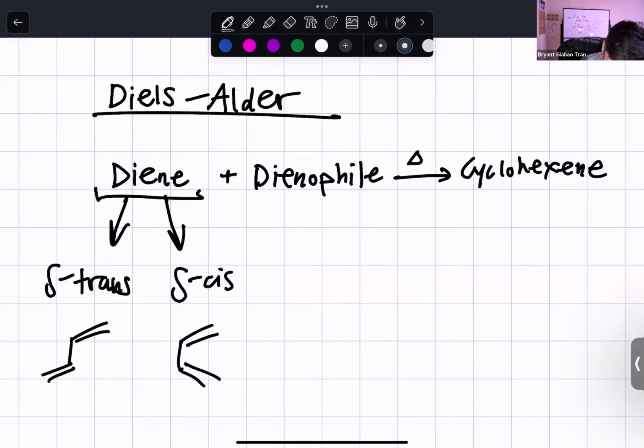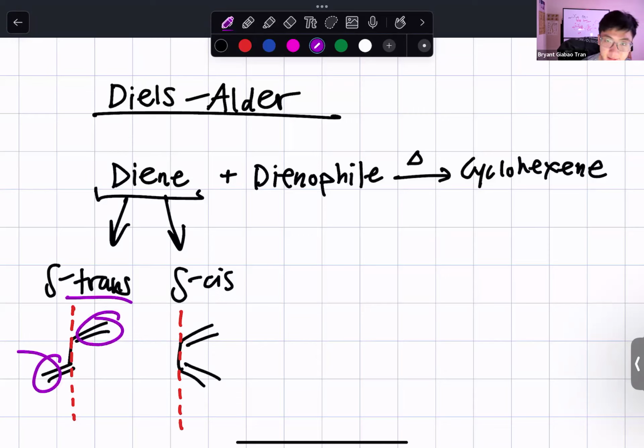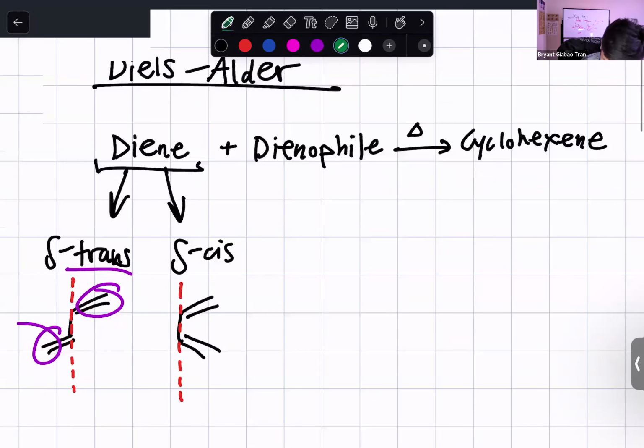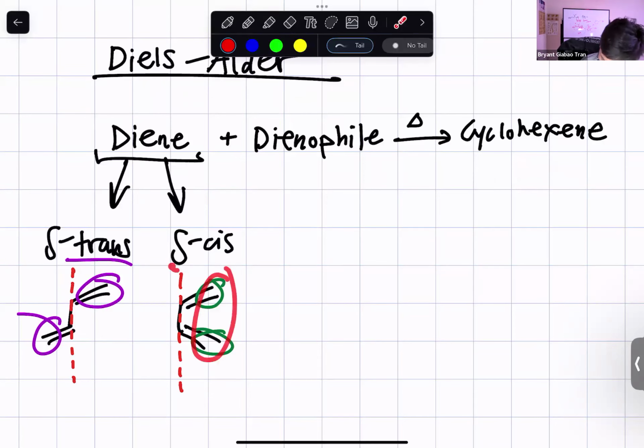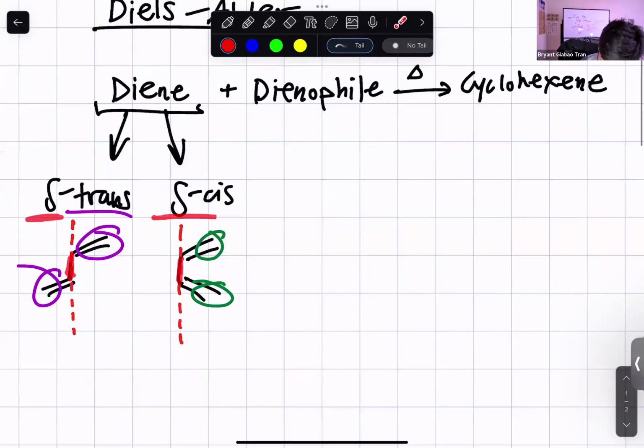What that means is that our line of reference is going to be down the sigma bond between the conjugated diene, between the two alkenes. These lines that I'm drawing are the lines of reference, where we see that this is S-trans on the left side because the two double bonds are on opposite sides of each other. They're trans to each other. Whereas the two double bonds here are on the same side of the line, making them S-cis to each other. S, you could think of it as sigma bond, in reference to that sigma bond.